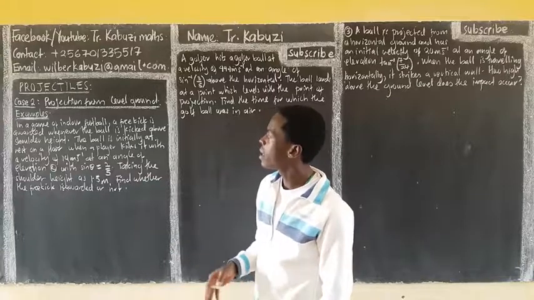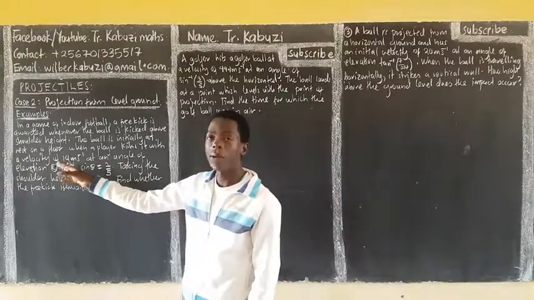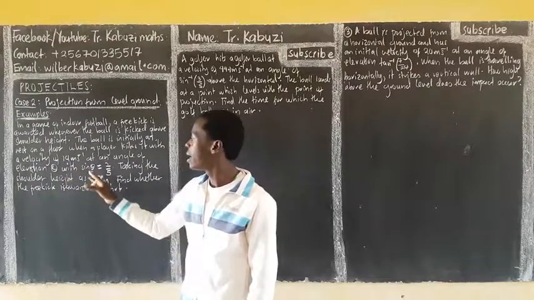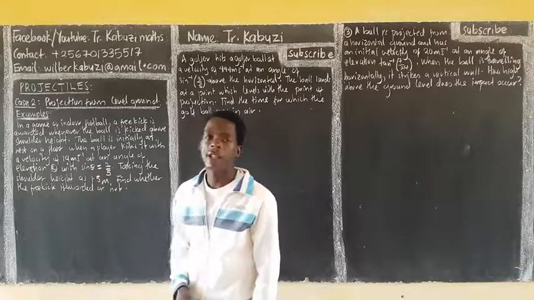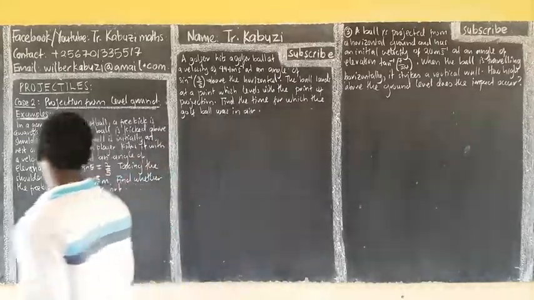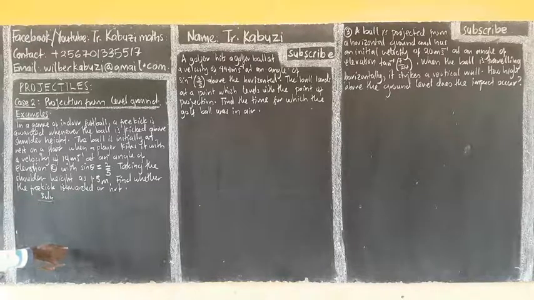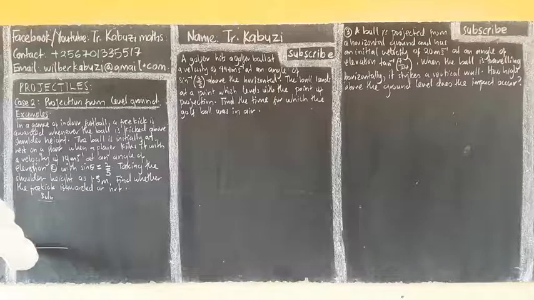So, was it awarded if someone kicked it at 14 meters per second, using the angle of elevation like that? In simple terms, if you draw a simple sketch, we are going to assume someone is kicking the ball here.